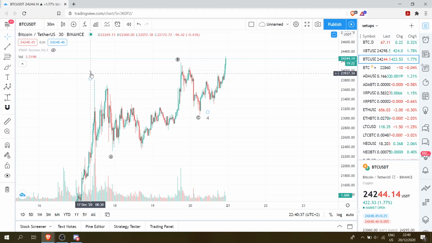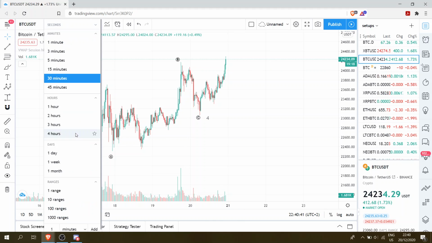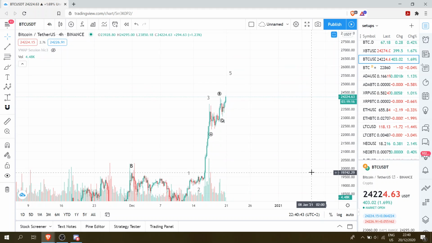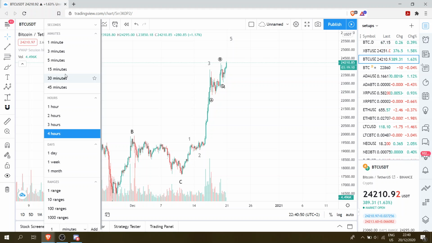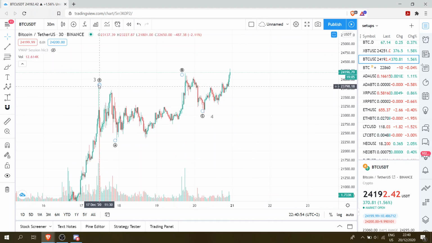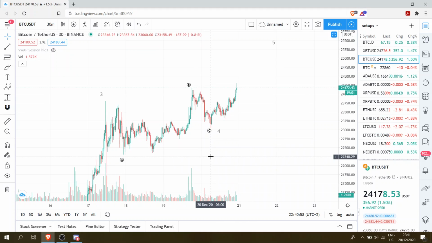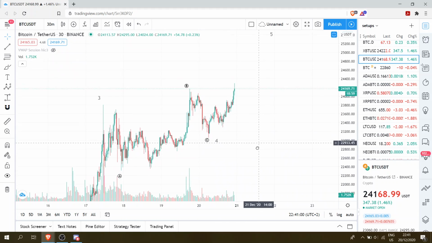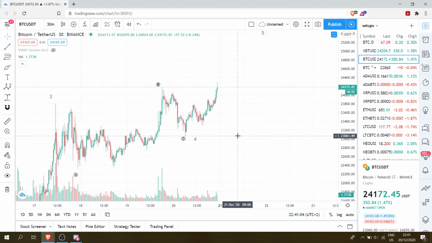What I see here is the fourth wave from this impulsive rise that we got. I really see this as a fourth wave, and this being a running flat once again because we are in a bull market.